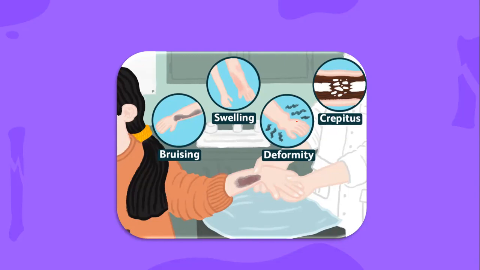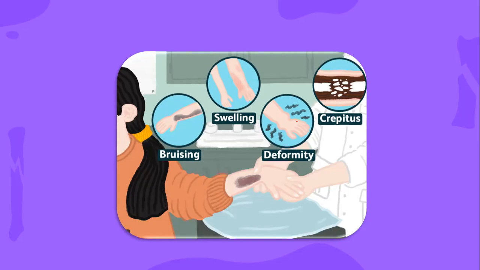Right. Here in a fractured wrist, the wrist takes the shape of a fork, and this is a Colles fracture.